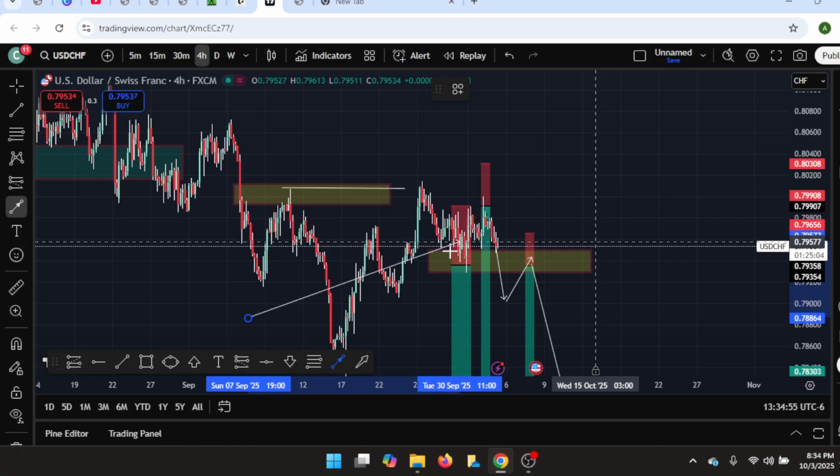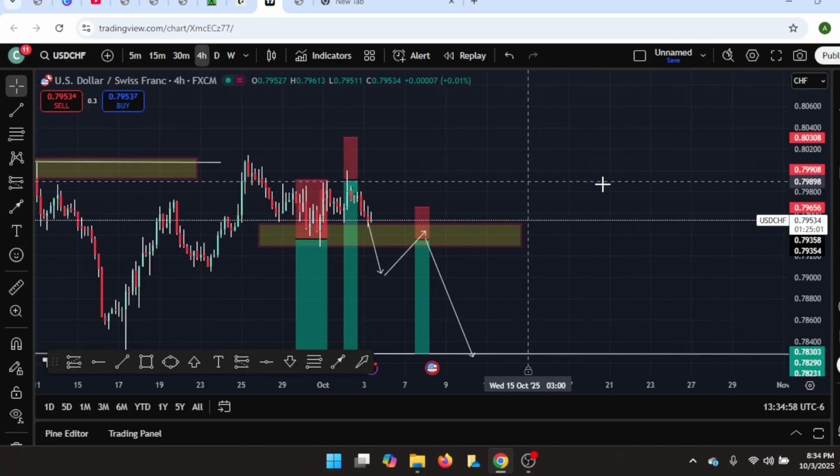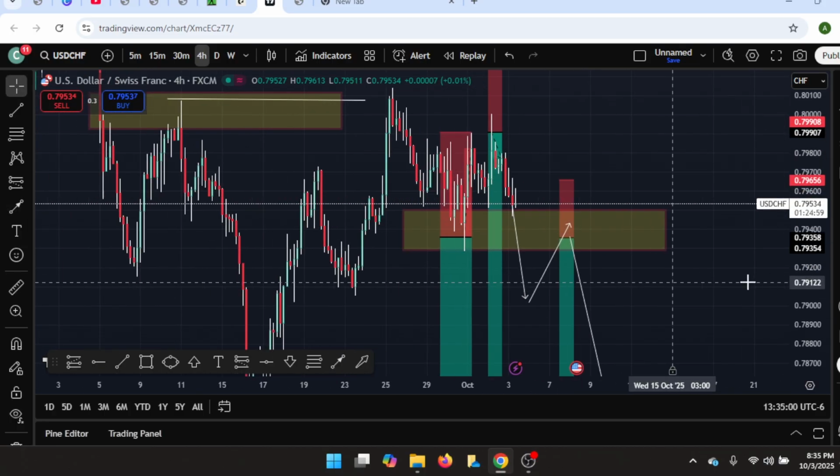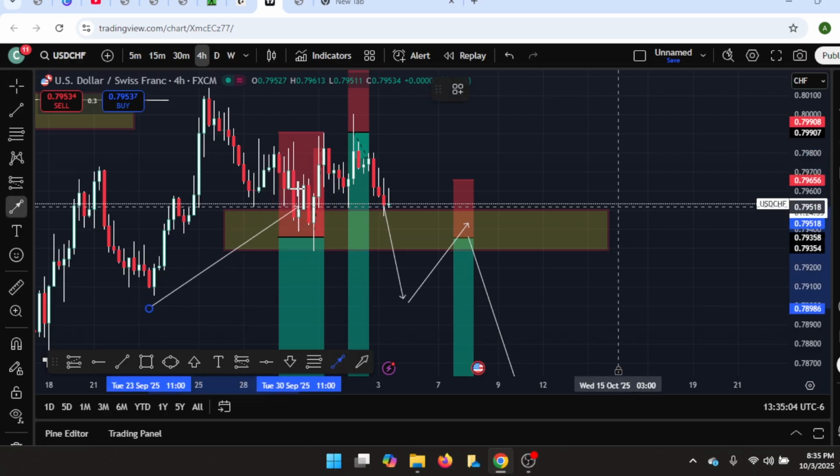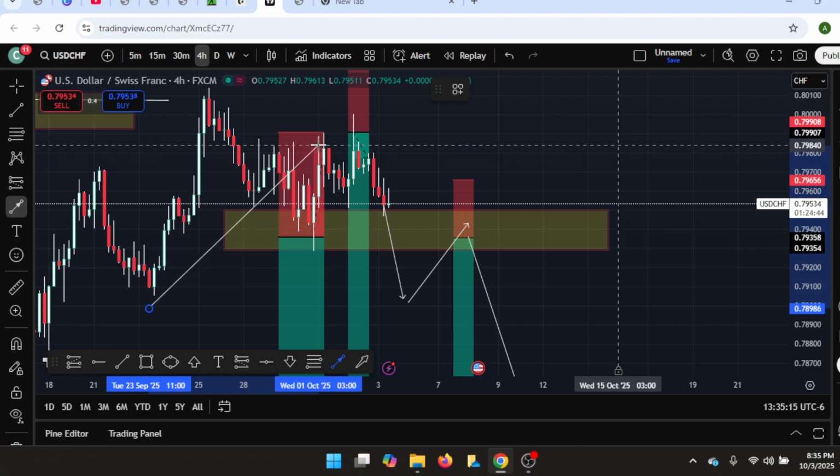But I took a sell because of this candle. I feel that this candle is healthy enough and it's like almost breaking a zone around here. So I entered for a sell. It took me out. This was a loss for us for this week.